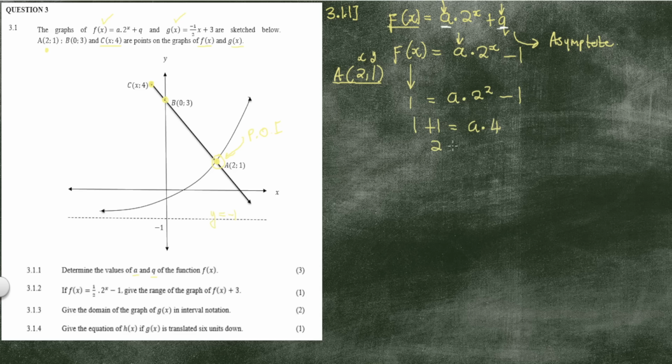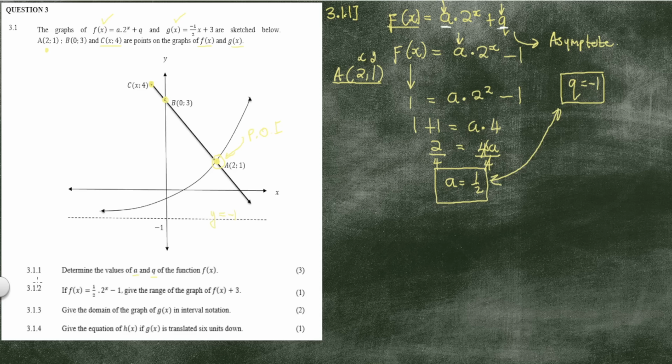Then a 1 and a 1 gives us a 2, and then we have 4a this side. We divide by 4, cancel, a is equal to a half. This is our answer. a equal to a half, and q is equal to minus 1. So these are the values that we were looking for.